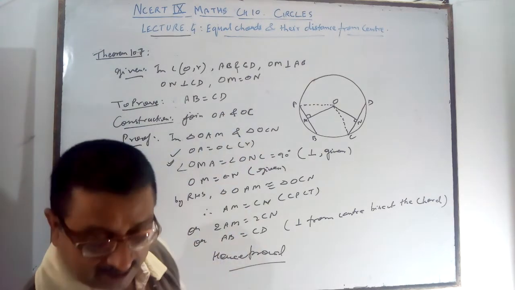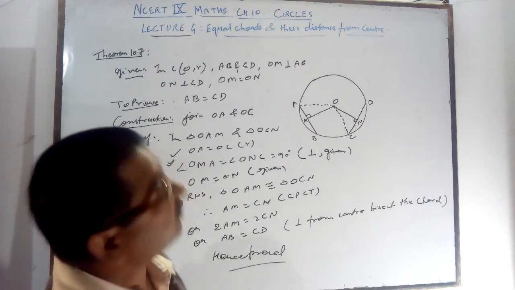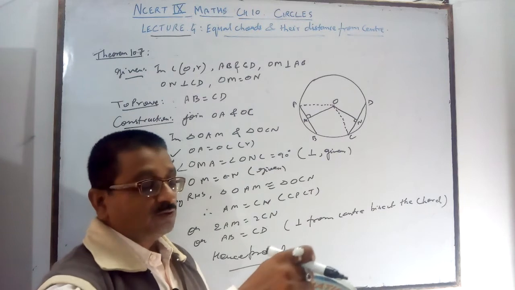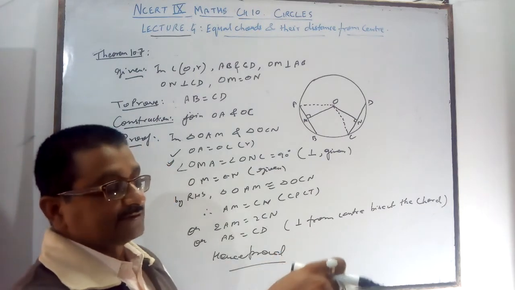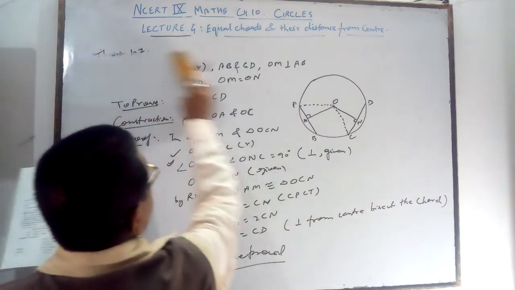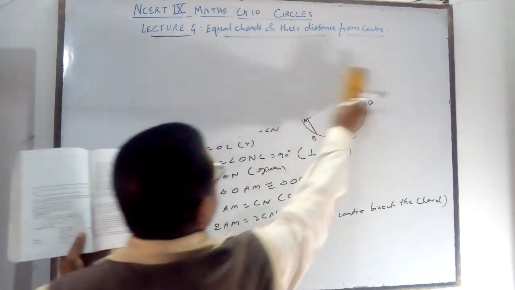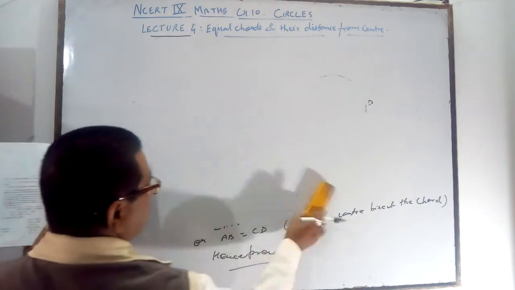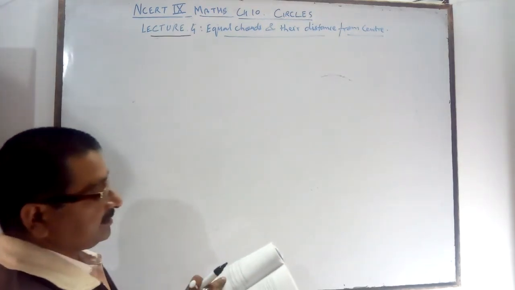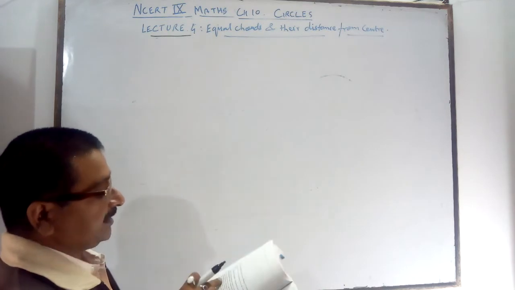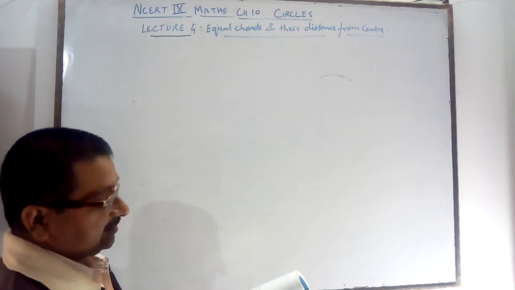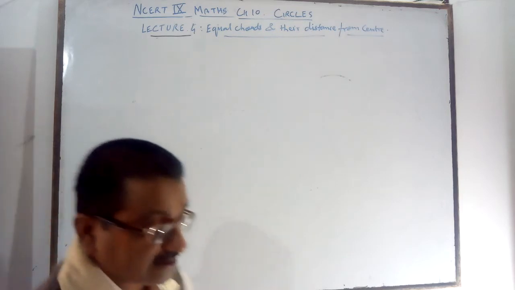There is one theorem also given. One example is given, example number 2. If two intersecting chords of a circle make equal angle with the diameter passing through their point of intersection, then prove that the chords are equal.